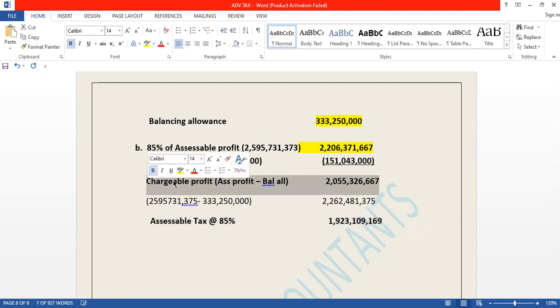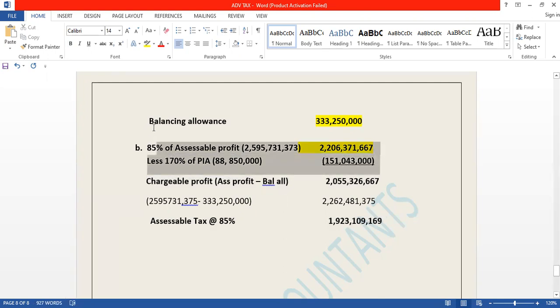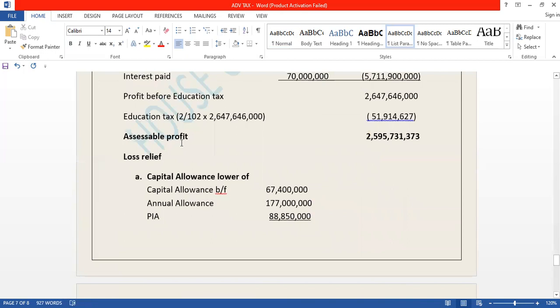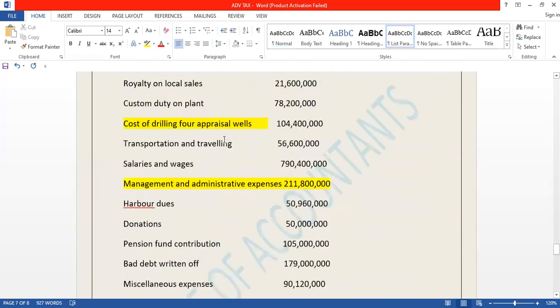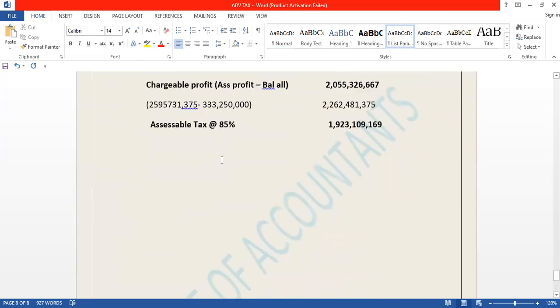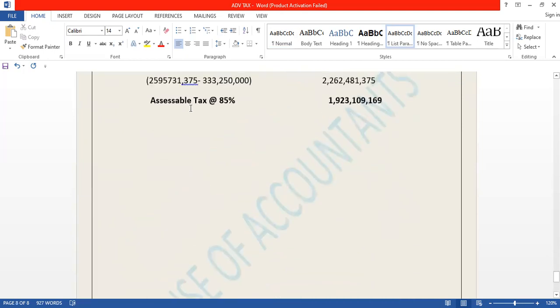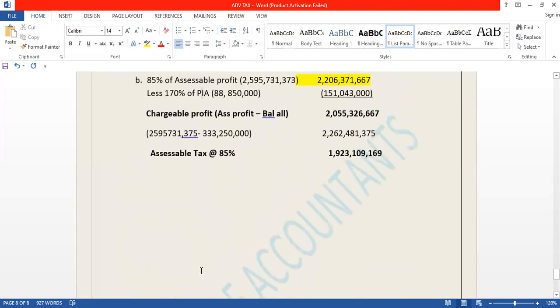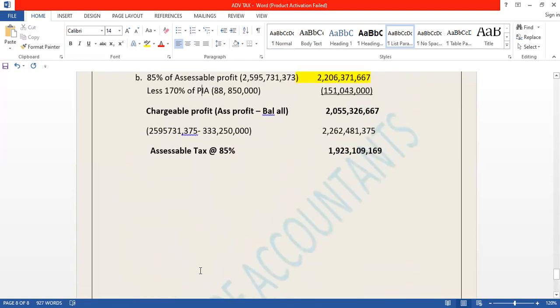Chargeable profit, which we have calculated, then adjusted accessible profit, and then the total profit, which we have done so far on this one. This is accessible tax at 85%. So that is the end of that question.